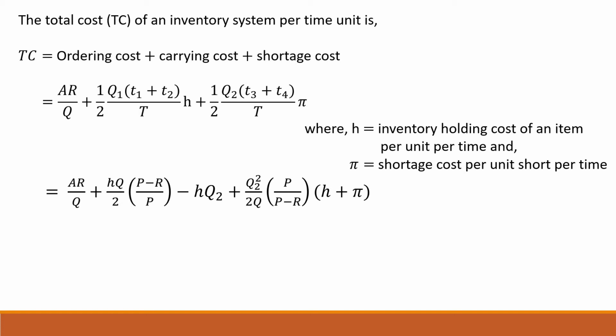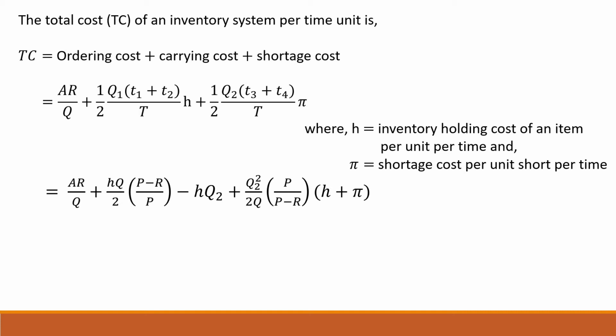So, total cost is AR upon Q plus HQ by 2 into (P minus R) by P minus H into Q2 plus Q2 square upon 2Q into P upon (P minus R) into (H plus pi).